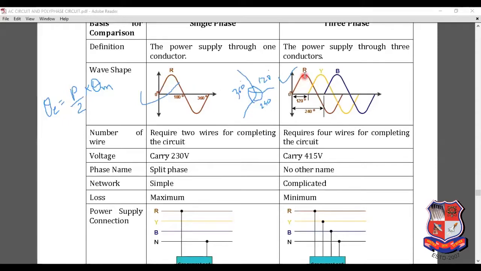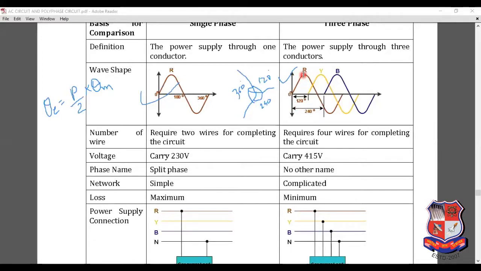So in three phase, see the zero position of R phase is over here, and Y phase is over here. So it gives 120 electrical degrees. Now we can say that R phase starts above Y phase. It means R phase is the leading quantity. How much R is leading or how much Y is lagging is denoted by this 120 electrical degrees. If we take R phase as reference, Y phase is lagging by 120 electrical degrees.